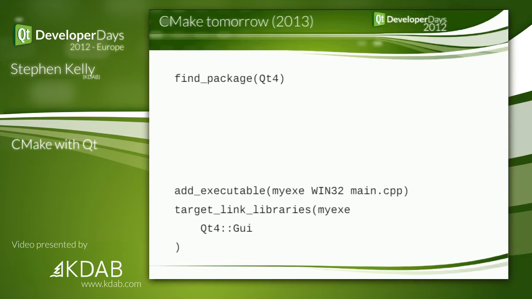So sometime in 2013, you're going to get a new CMake on your system where you can simplify your Qt4-based build CMake files a lot. You won't have to specify the include directories or compile definitions for them anymore.